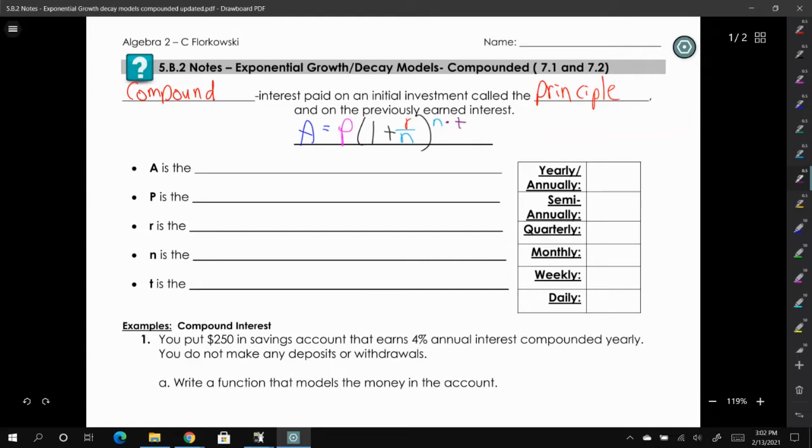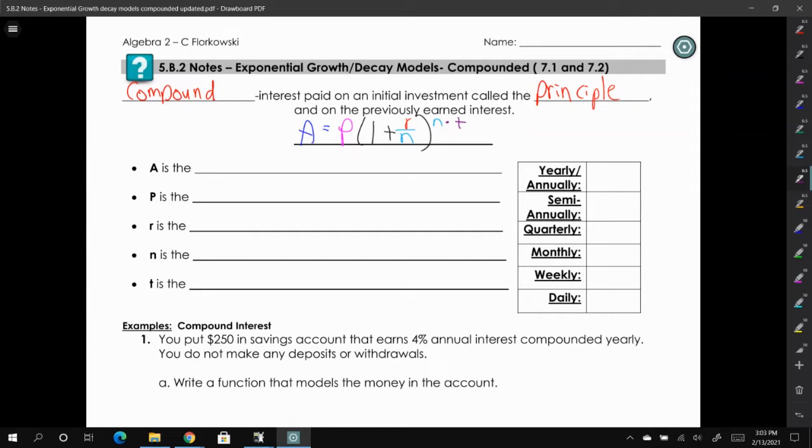So this looks a little bit like the model that we looked at the other day, where we added the growth rate or the decay rate to 1 and then multiplied that by the principal to get our answer.